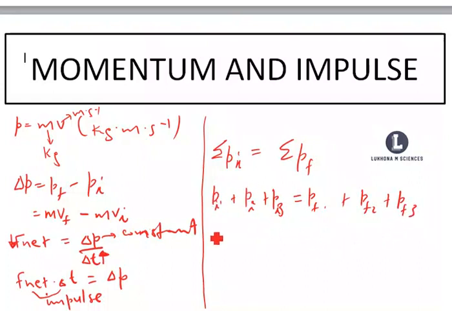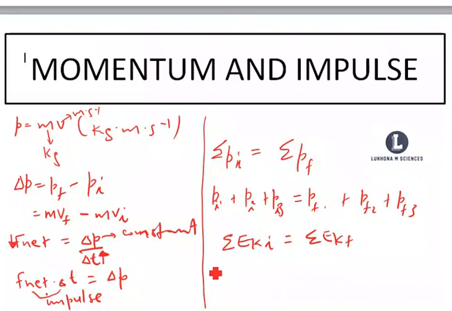Then we also talked about the elastic collision and inelastic collision. We said for elastic collision, the sum of EK initial is equal to the sum of EK final.